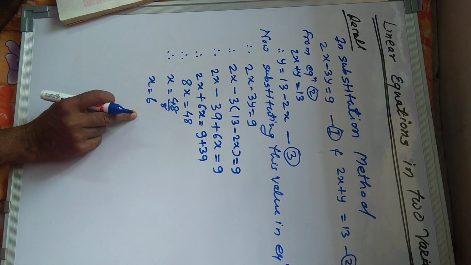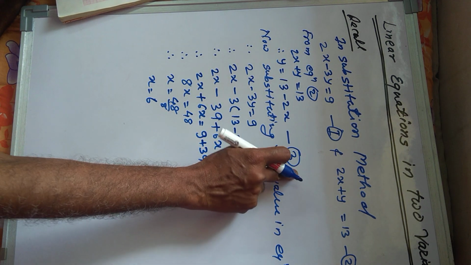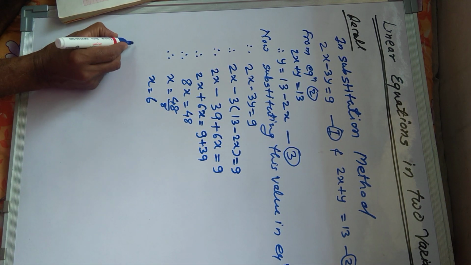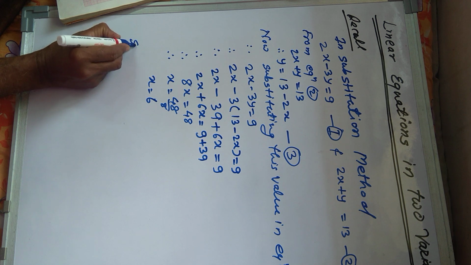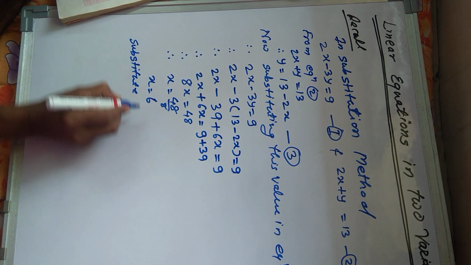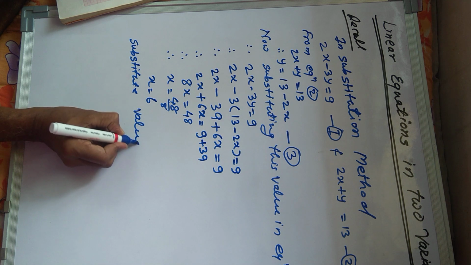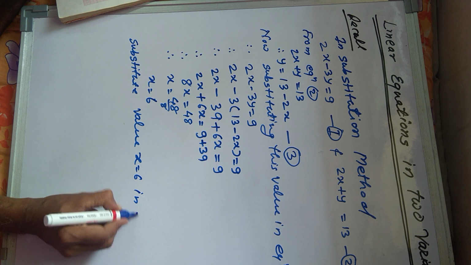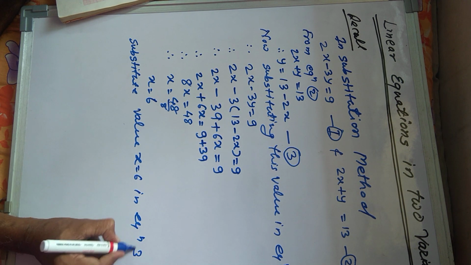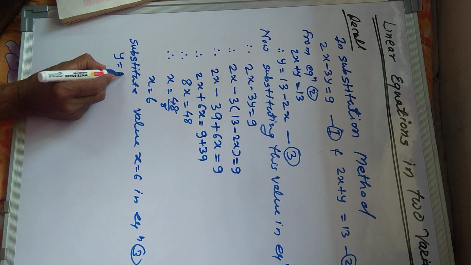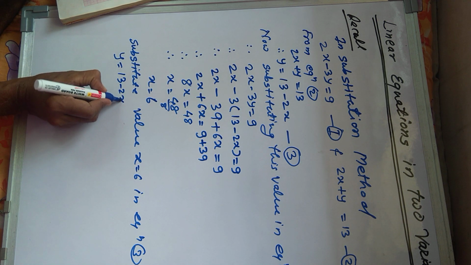Now substitute this value of x in equation number 3, which is easier than 1 and 2, and we get the value of y. y is equal to 13 minus 2x.